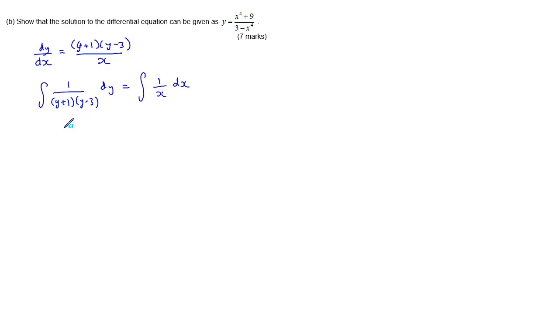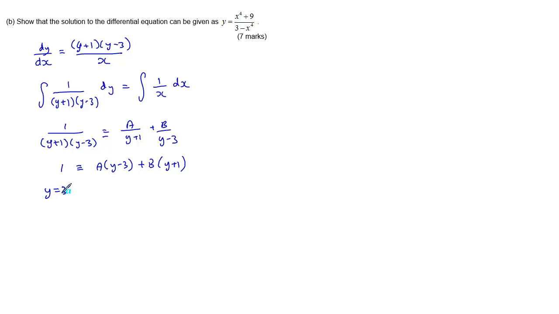So we need to use partial fractions here. 1 over (y plus 1)(y minus 3) would be a over y plus 1 plus b over y take 3, giving us 1 is a(y take 3) plus b(y plus 1).